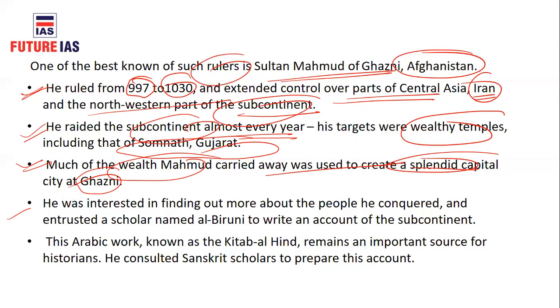And you must also understand that he was fascinated by finding out about the people he had conquered. So he entrusted a scholar called Al-Biruni to write an account of the subcontinent, which he had recently raided.